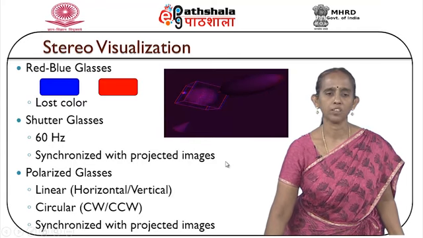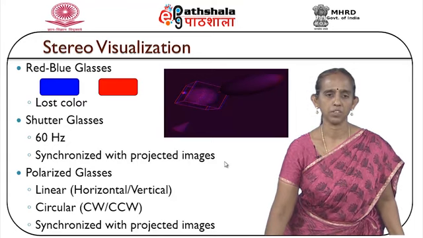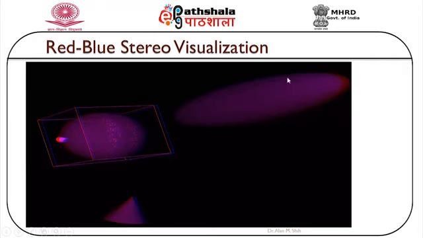The polarized glasses can be either linear or circular. So this is one example of the red-blue stereo visualization that is shown on the screen. This visual will be more effective if we wear these kinds of stereoscopic glasses, and if you view it, it will look as though it is a 2.5 dimension visualization.